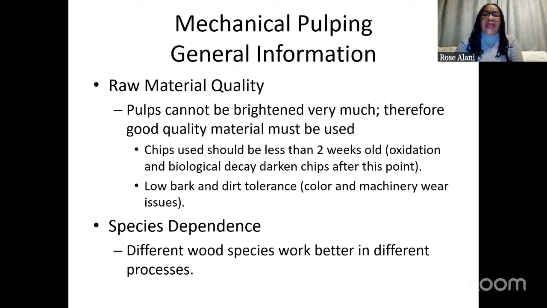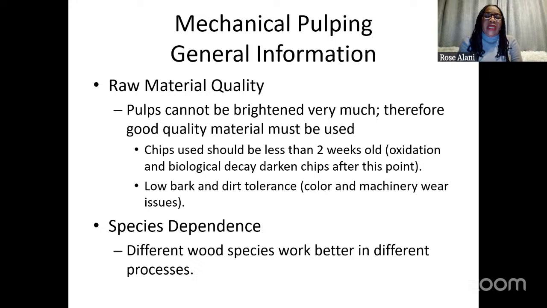If you don't debark it well, then of course that brown color from the bark will be introduced into it. And then also, it cannot tolerate dirt too much. Otherwise, if there's too much dirt, then it will wear off the machine that you're using.